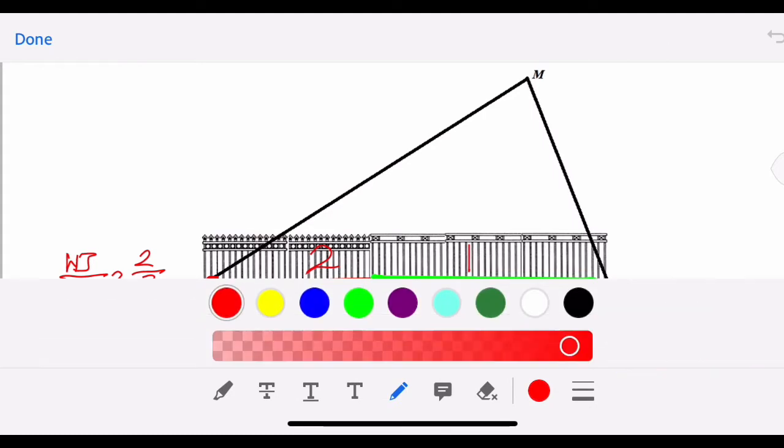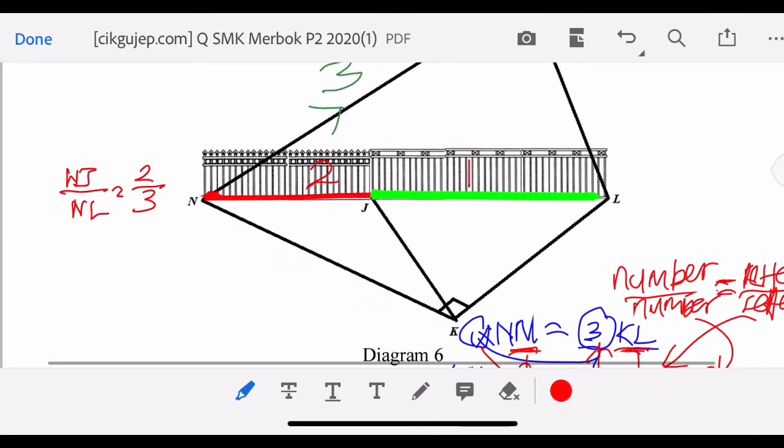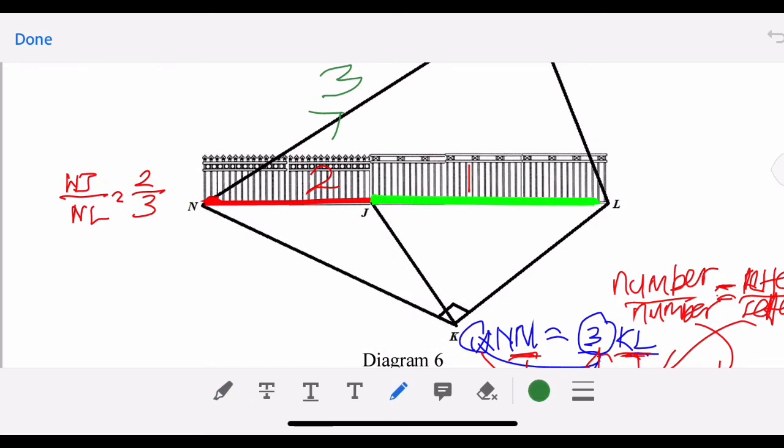Now I'm going to label the 3 on NM, and KL I will label as 1, right? Follow the ratio, and the arrow, if possible, you also label showing that they are heading in the same direction.